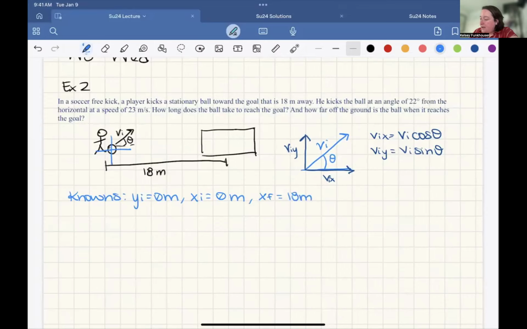We have the initial velocity of 23 meters per second at an angle of 22 degrees. And the acceleration in y is negative g, and acceleration in x is 0 meters per second squared.